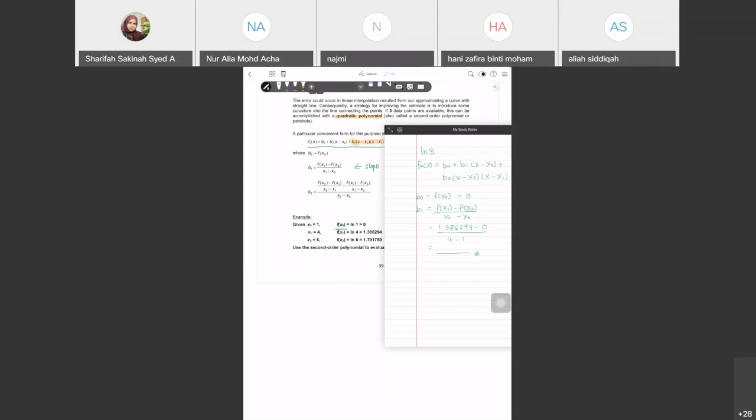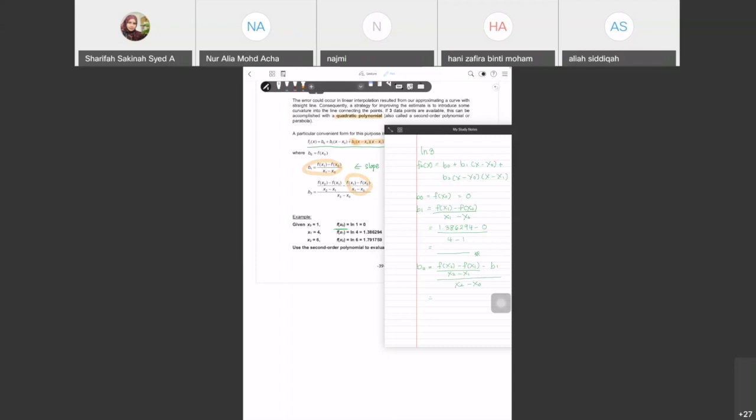Then next, calculate b2. For b2, the formula is f(x2) minus f(x1) divided by x2 minus x1, meaning the slope for the last 2 points, and then you minus b1, all divided by x2 minus x0.